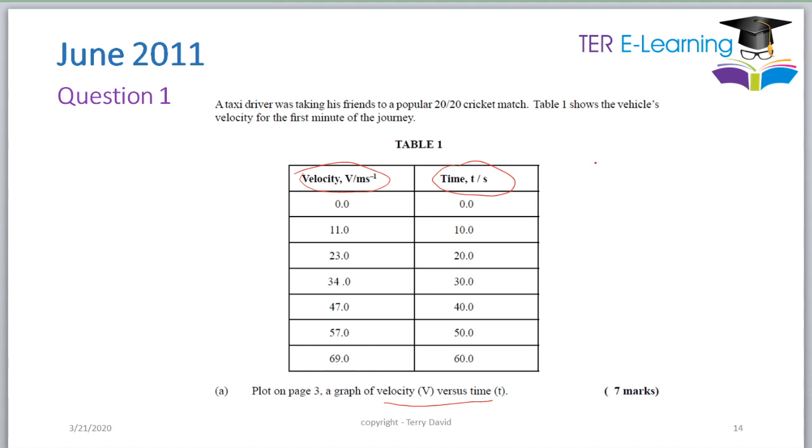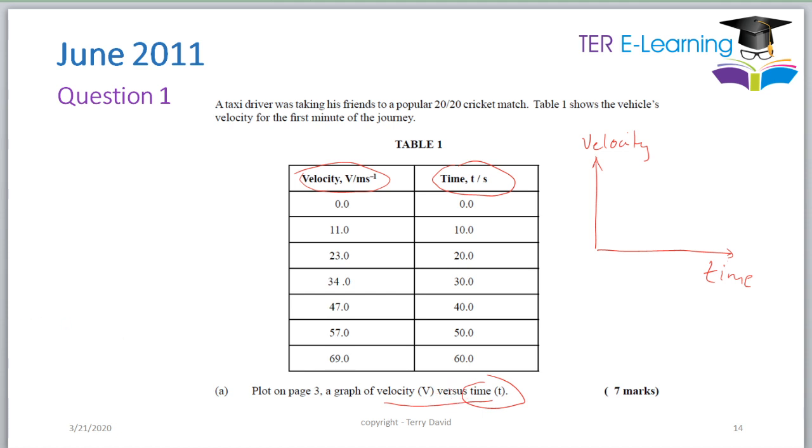Velocity versus time means velocity has to be on the y-axis, and time has to be on the x-axis. I've seen students mix up what they have to plot. Once we say plotting something versus something, the versus part has to go on the x-axis. They can also tell you plot velocity against time, which means the same thing.